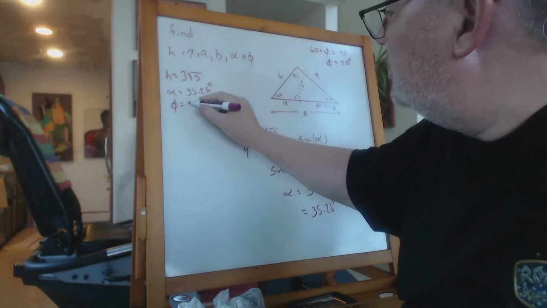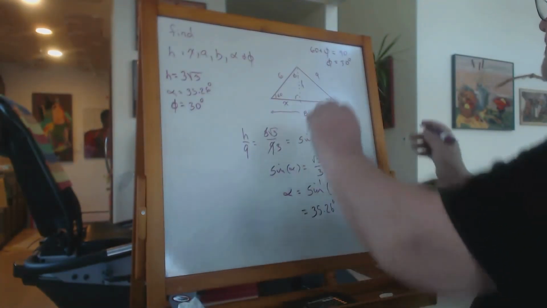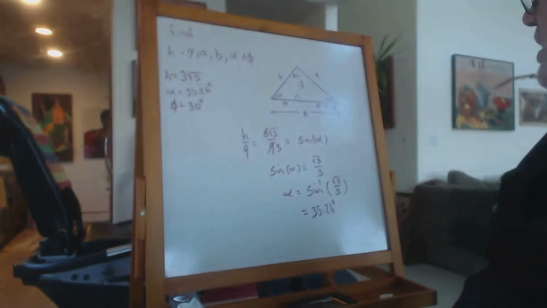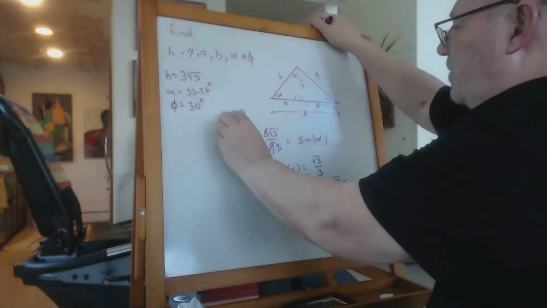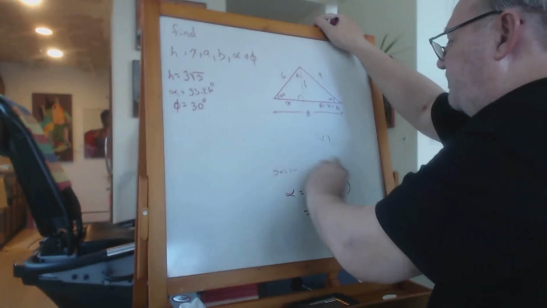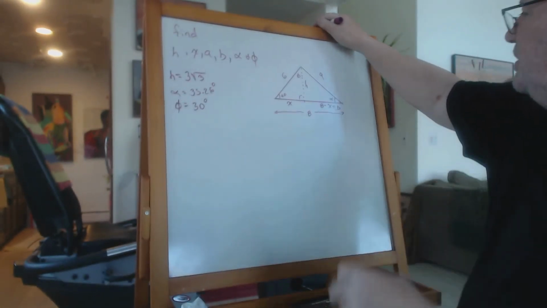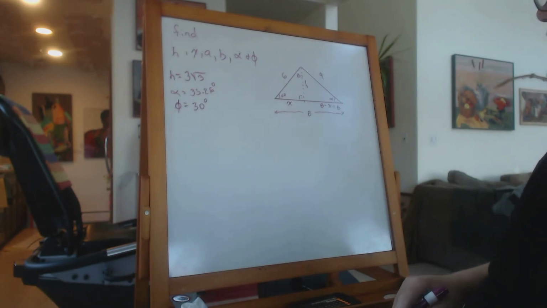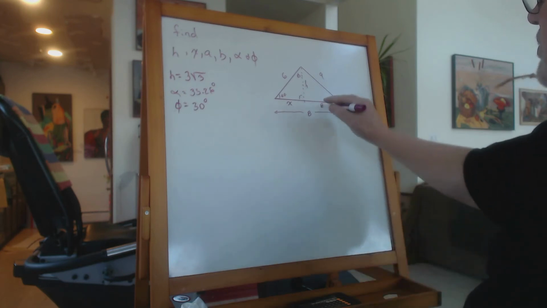So that's 30 degrees. Let's see, what else did they want us to find? They wanted us to find A. We could find A any number of ways now. We can use the law of sines, we can use Pythagorean Theorem, we could use all sorts of things here.